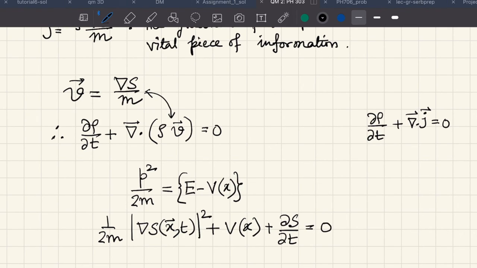Can you identify this equation? You must have encountered this in a classical mechanics course. This is basically nothing but your Hamilton-Jacobi equation, where S of x, t stood for the Hamilton's principal function, if you remember, and therefore we can safely say at this stage that there is some kind of hint at this semi-classical approximation or semi-classical approach.